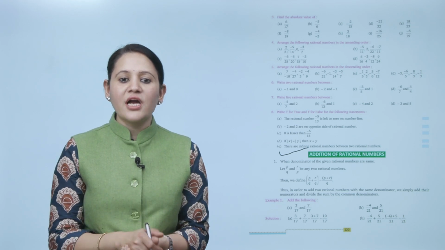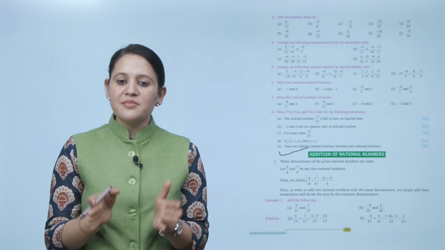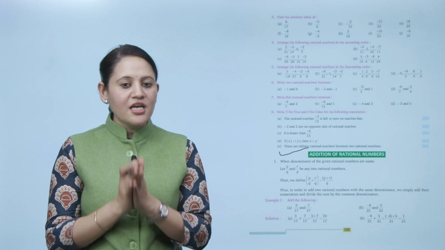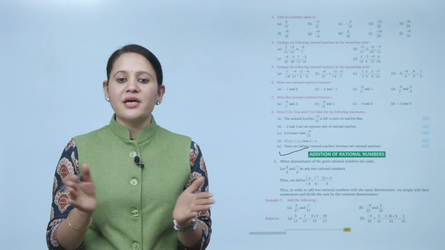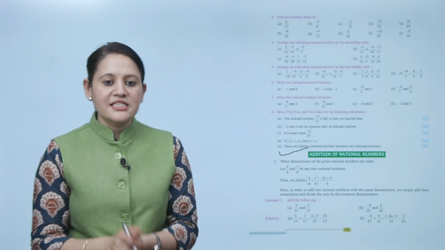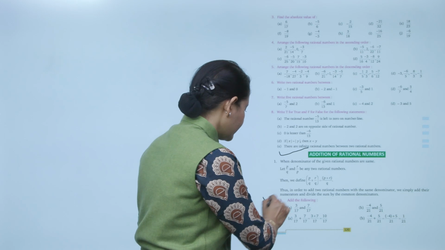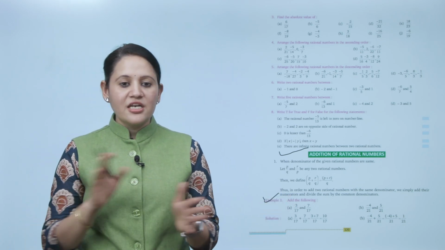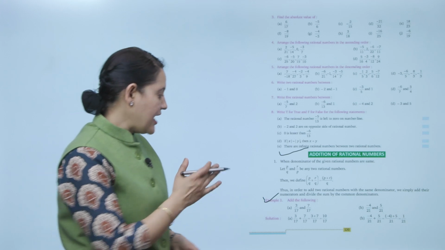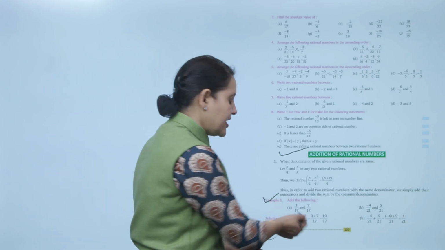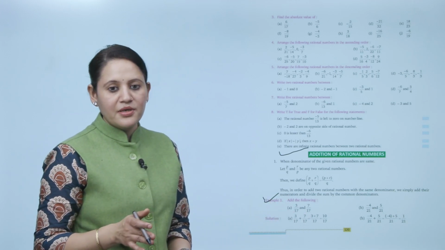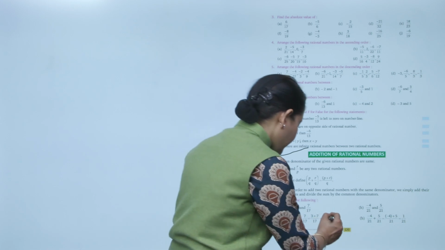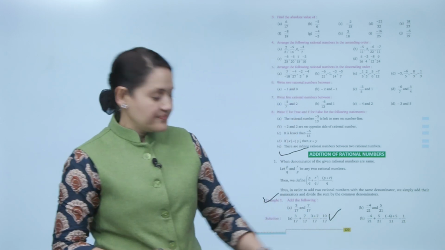Thus, in order to add two rational numbers with the same denominator, we simply add their numerators and divide the sum by the common denominator. Next, add the following: 3 upon 17 and 7 upon 17. Denominators are the same, so we simply add the numerators 3 plus 7 and write the common denominator below, that equals 10 upon 17.